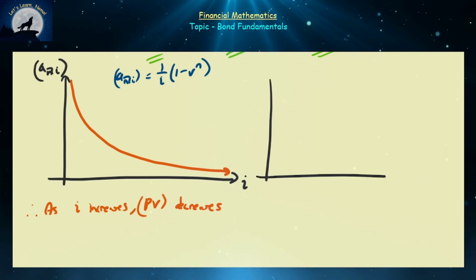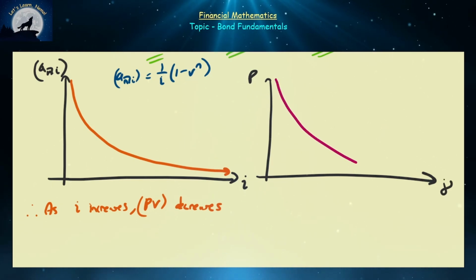And if you take the formula for P and look at it as a function of our yield rate J, you're also going to get this curve as well. But instead of this particular perspective, instead of saying as J increases, the price decreases, what's actually more useful is to consider what happens as J goes to 0 from the right-hand side.